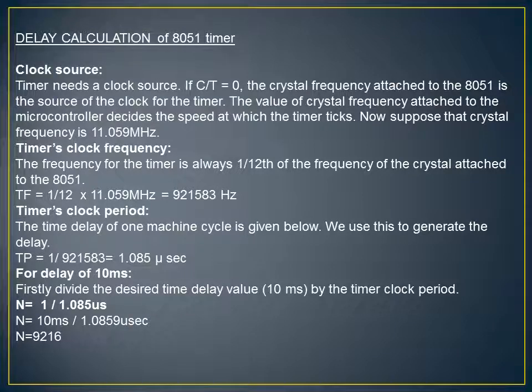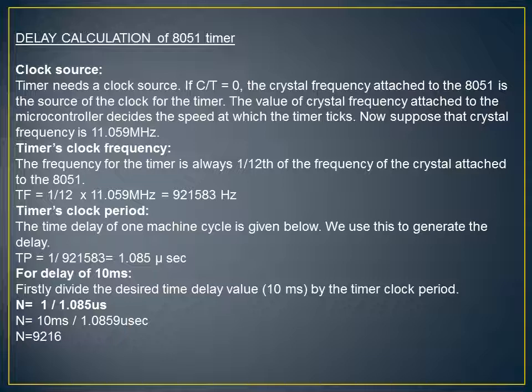Now, delay calculations of the 8051 timer. How to calculate the delay in the program. Clock source: the timer needs a clock source. If C/T is equal to 0, the crystal frequency attached to the 8051 is the source of the clock for the timer. The value of crystal frequency decides the speed at which the timer ticks.